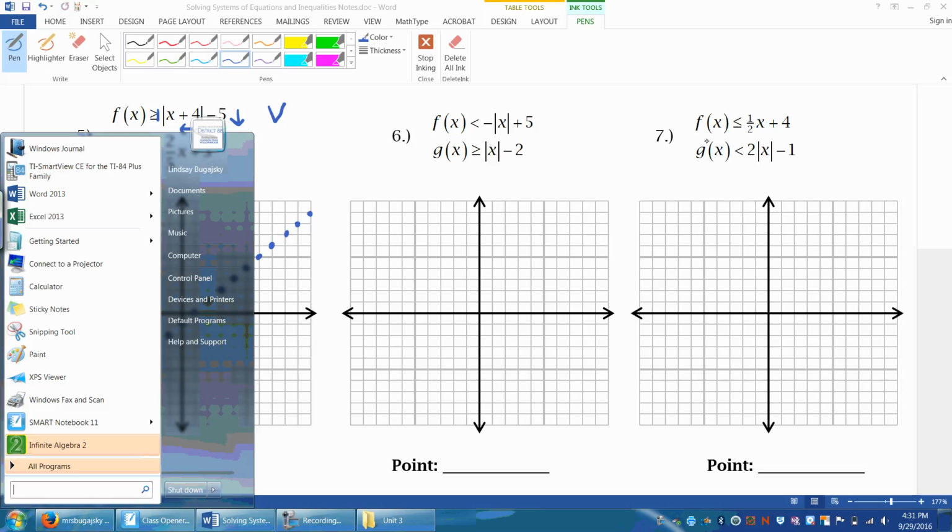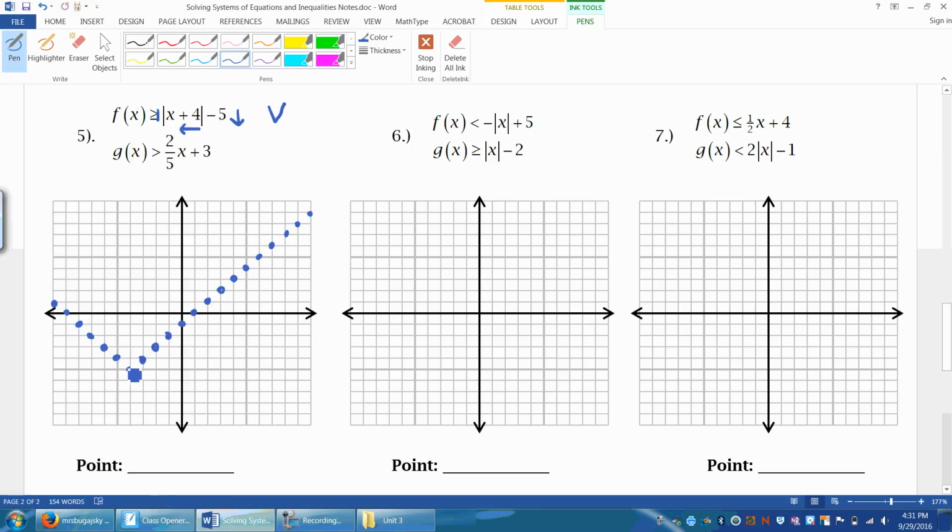This one has an equal to symbol, so it's a solid graph. And the greater than symbol tells me to shade above the vertex. So this one's going to get shaded inside of the absolute value.